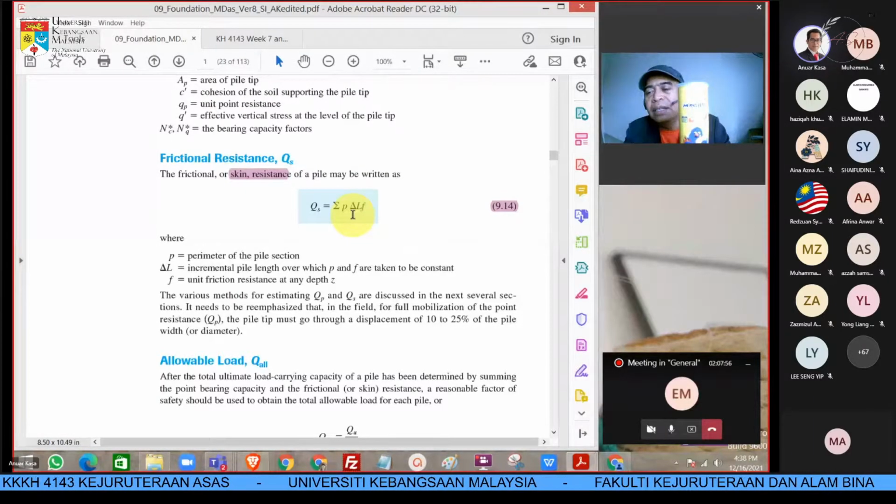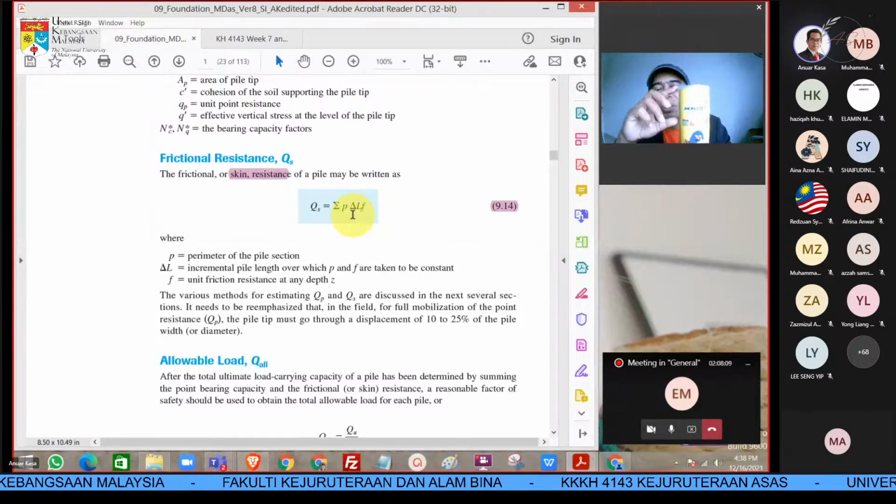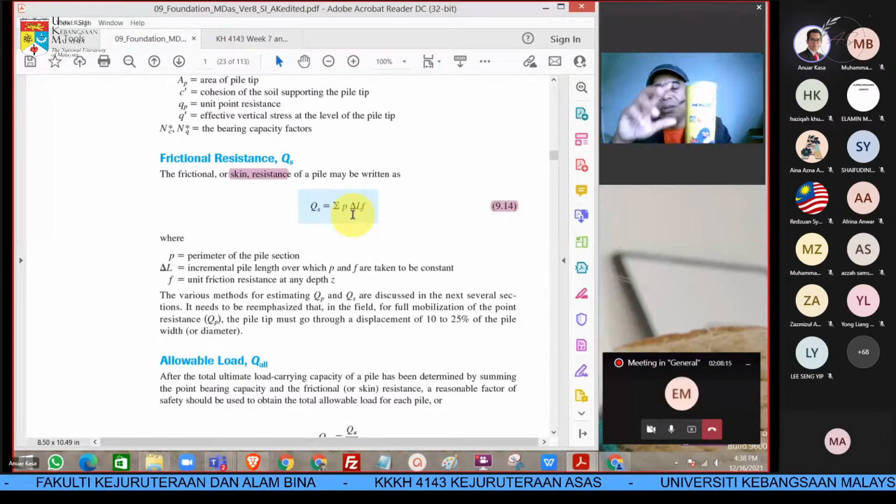So we have the incremental length, because the skin friction is not the same along the pile. So it can be different. We need to consider maybe 1 meter, 1 meter, 1 meter apart. It can be one layer of soil.